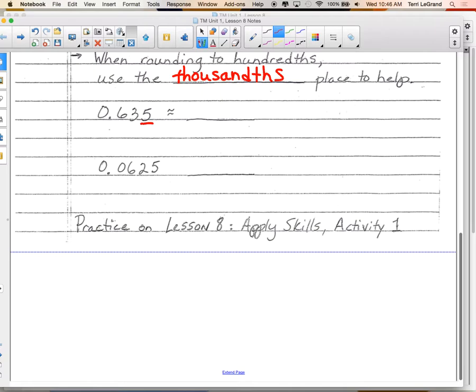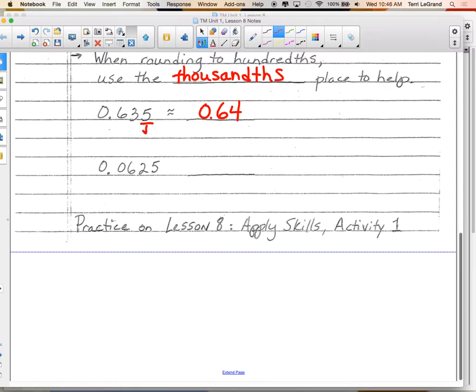So, is the 5 big enough to round the 3 in the hundredths place to a 4? Yeah, so what's our approximate answer? 0 and 64 hundredths.